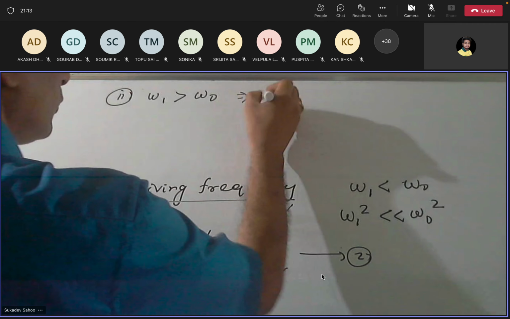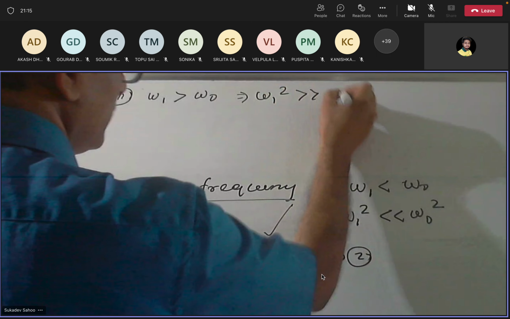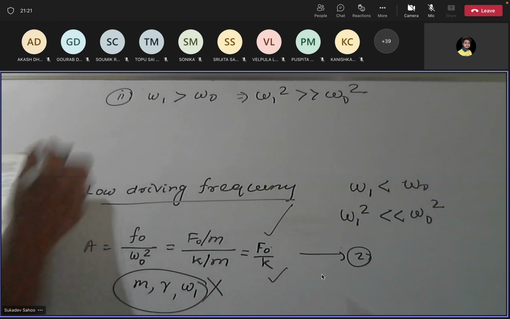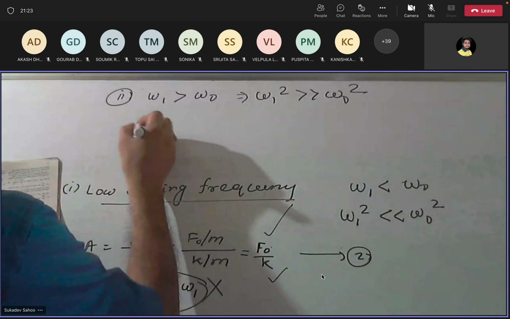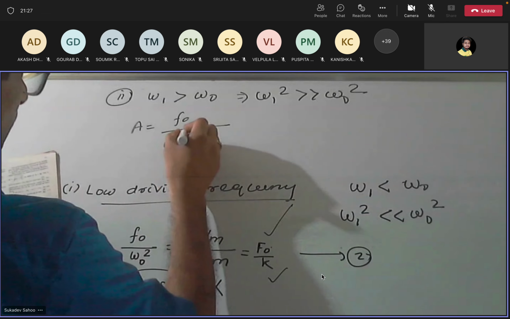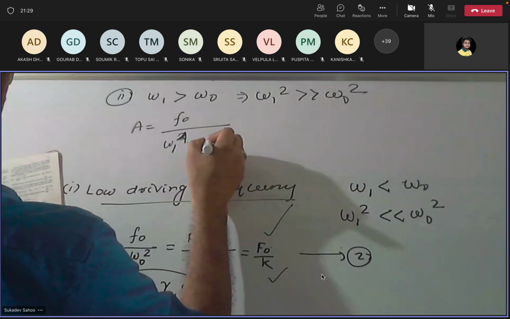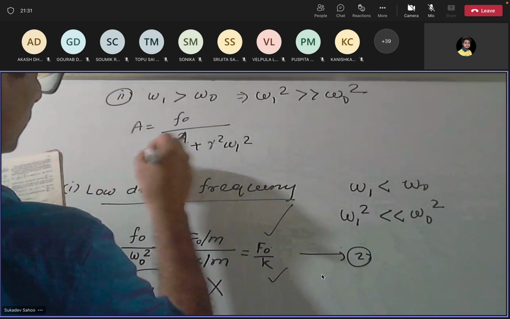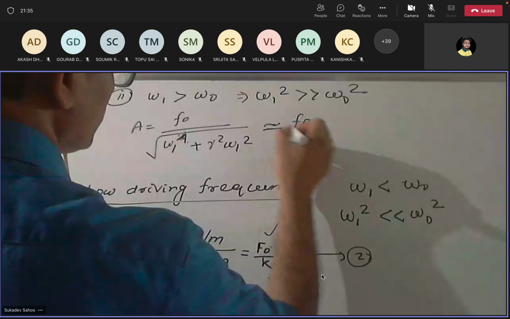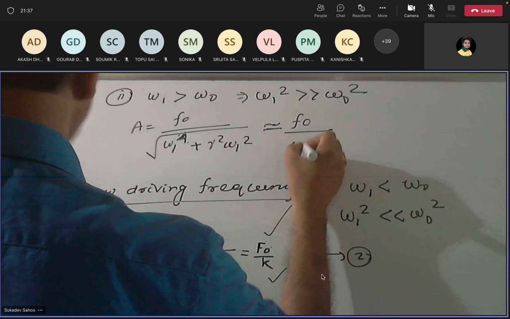So this implies omega 1 square will be greater than omega 0 square, or you can say that omega 0 square will be negligible in comparison to omega 1 square. Hence, we can write amplitude equal to F0 divided by the square root of omega 1 to the power 4 plus gamma square omega 1 square. So we can write this as small f0 divided by omega 1 square.